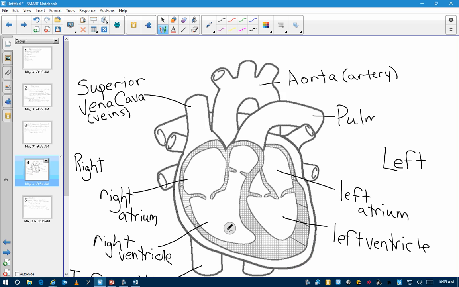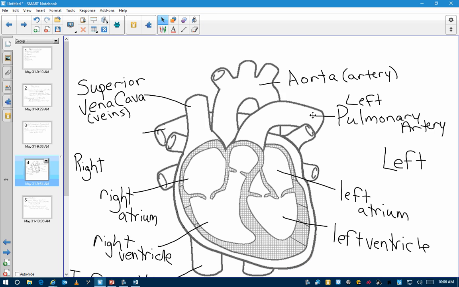Oh my God. Yes, left pulmonary artery. It is, because then over here there's also a right pulmonary artery.